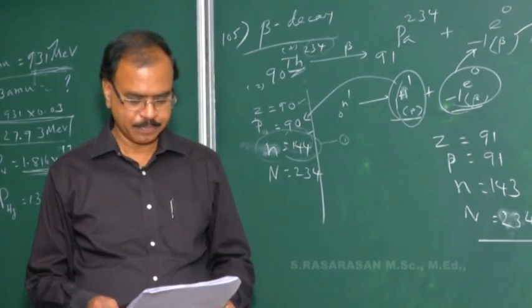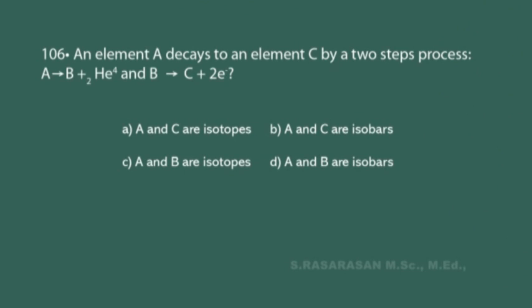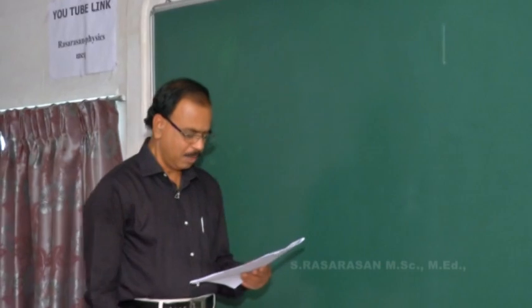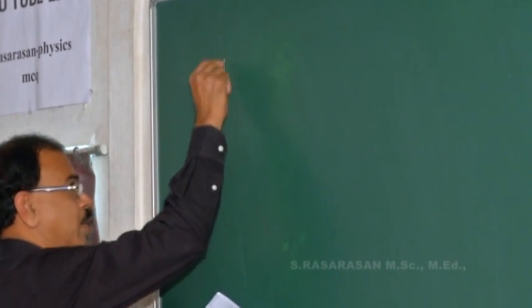Is it clear? Yes. Next, an element A decays into an element C by a two-step process. A gives B with 2 He4 and B gives C with 2 electrons. That is 2 beta. What are the two-step process?